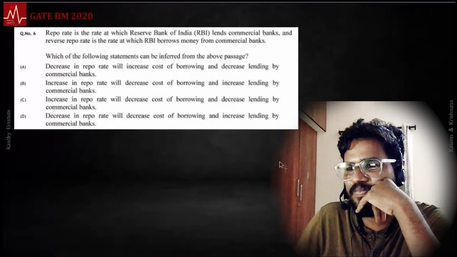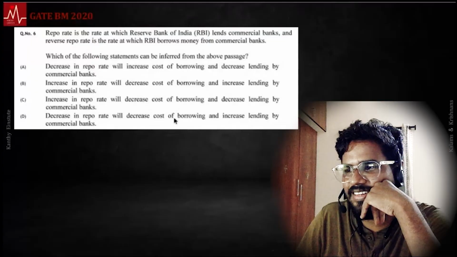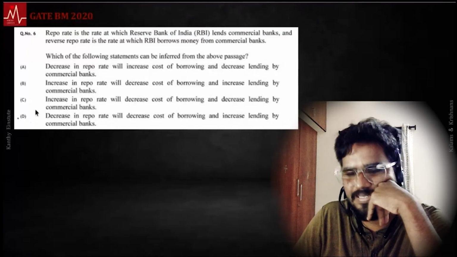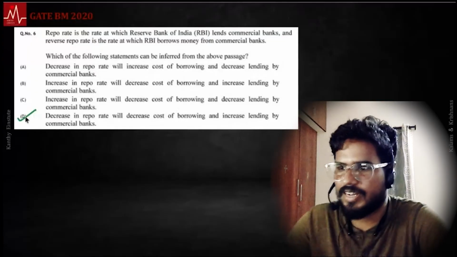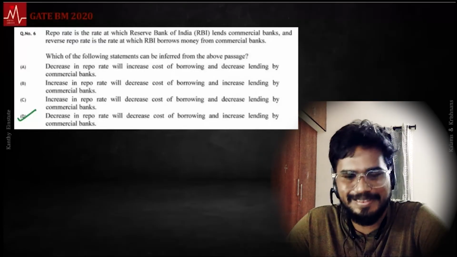So a decrease in repo rate will decrease cost of borrowing and increase lending by commercial banks. I did it quite fast. Just correct me if you are, I'll wait. If you're still reading it, correct me if that is the case.